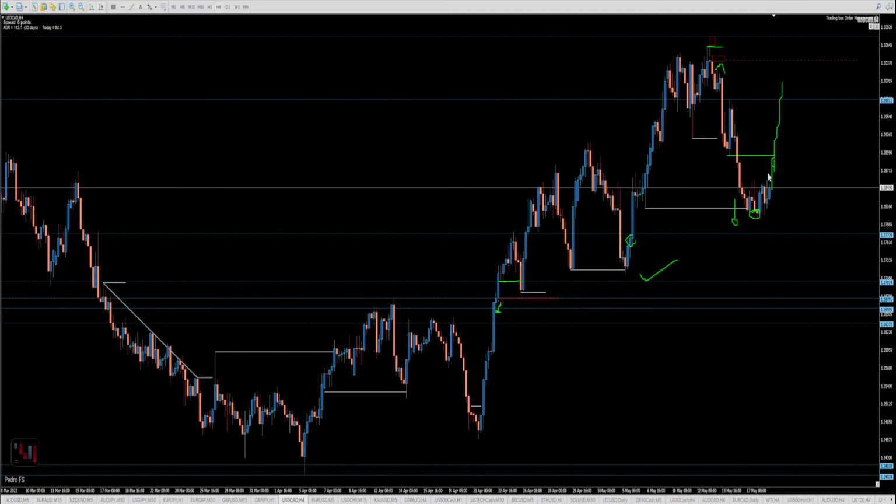So place an alert. Always place alerts. If you see the levels, do your higher time frame analysis and place your alerts.